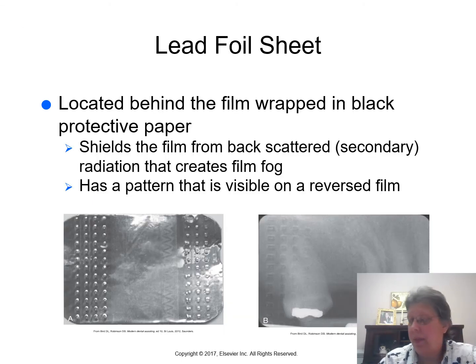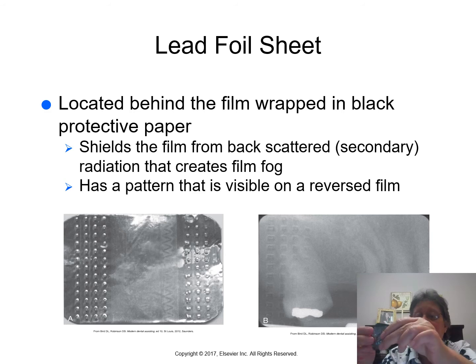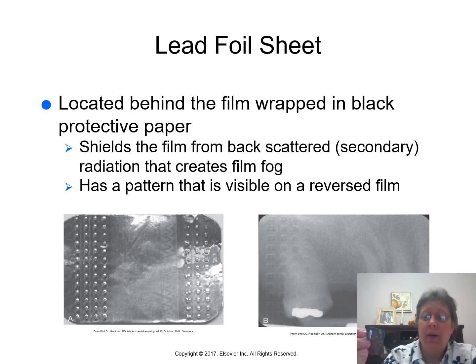We're going to talk about the lead foil. Remember, we just talked about the lead foil. The lead foil is located behind the black paper wrapper, and we talked about when it's in the mouth, the white side is what faces the tube head. The radiation strikes the white outer vinyl wrapping first.